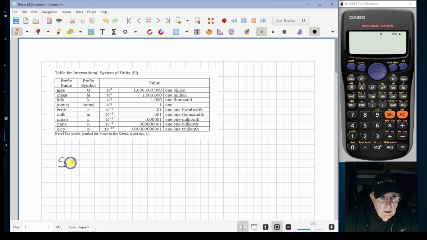So scientific notation, and I'm just going to call this SN for short, is a format to write numbers. And the format is very specific. It allows one digit in front of the decimal point, and then whatever other digits there are, and then times 10 to an exponent.